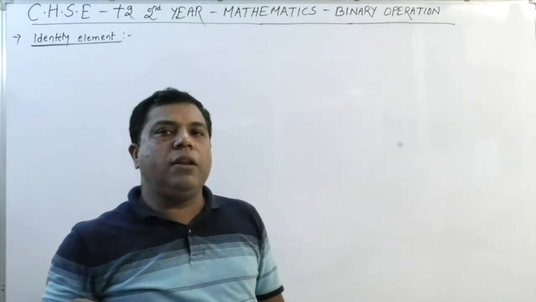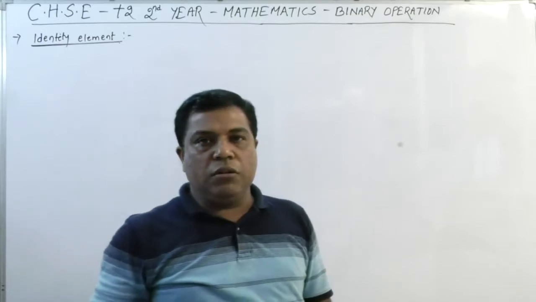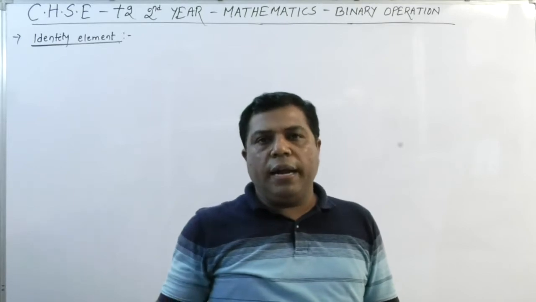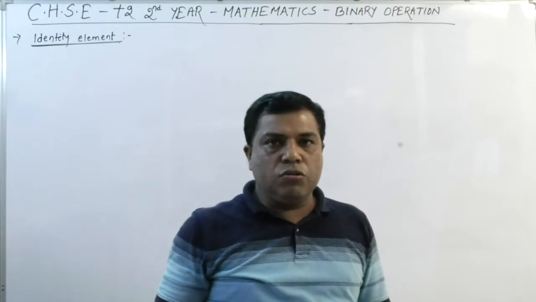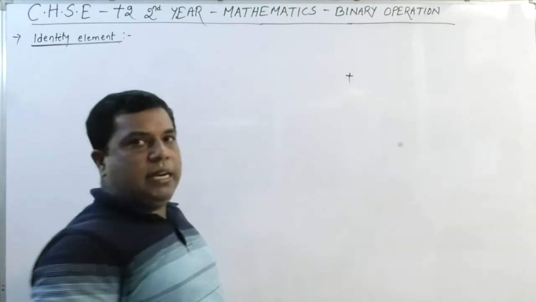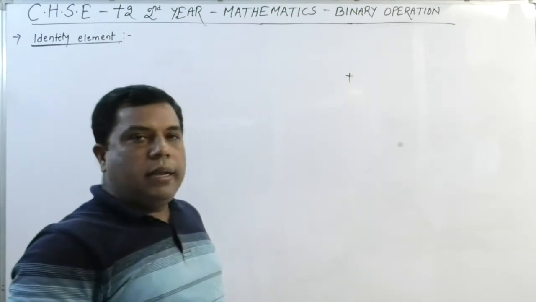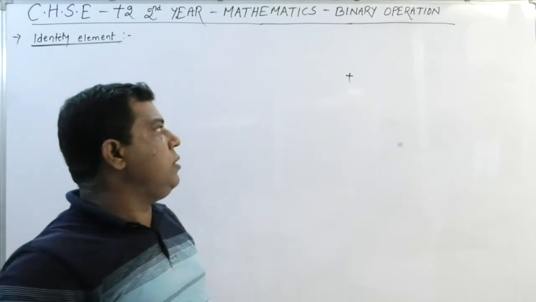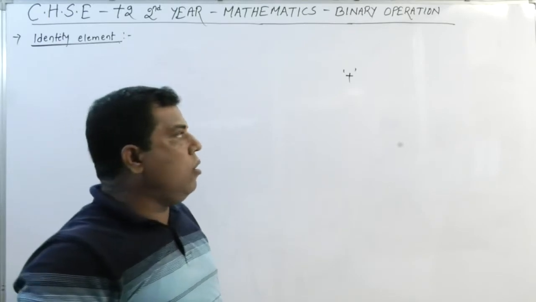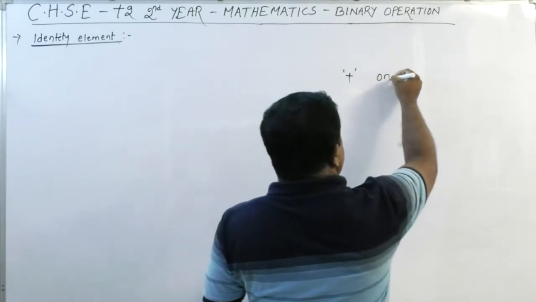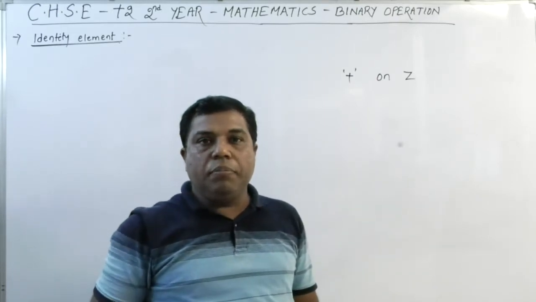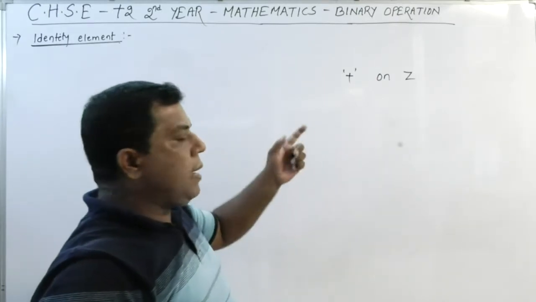Think about a binary operation, addition on natural numbers, or you can take addition on integers. Addition is a binary operation, which we discussed in our previous class. So let us take addition on Z. Now, what does identity mean?